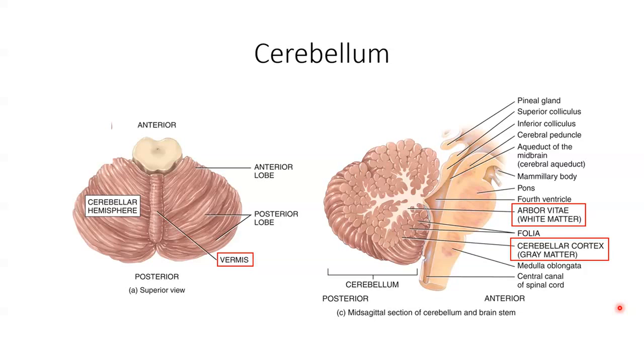It then sends feedback signals to the motor areas of the cerebrum, and those feedback signals help correct the errors so that we have a smooth, coordinated, complex sequence of movements. Aside from this feedback cycle, the cerebellum is also the main brain region that regulates posture and our balance.